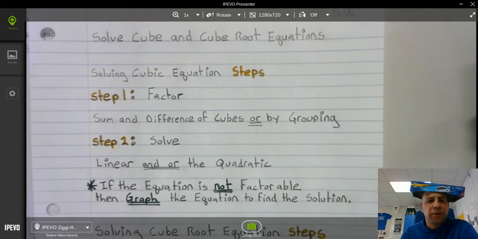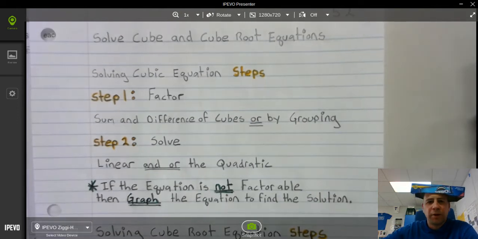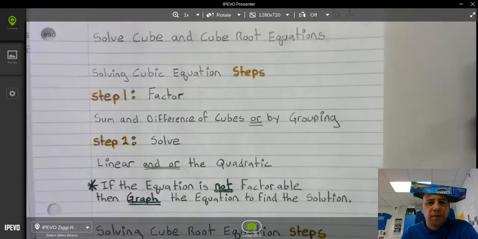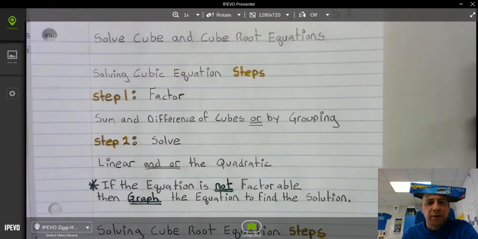First, let's look at the solving cubic equation steps. Step 1, factor. When you factor, you have two options: sum and difference of cubes, or by graphing. Step 2, solve. You're going to solve the linear and/or the quadratic. If in step 1 you can't factor, then you graph to find the solution.